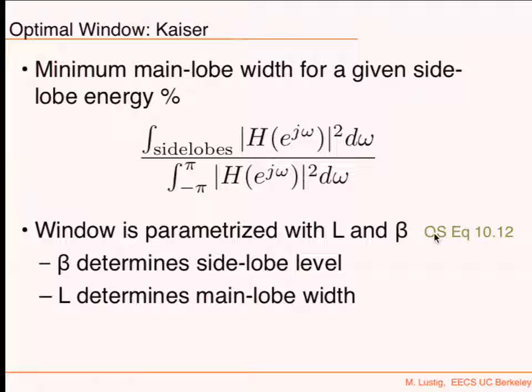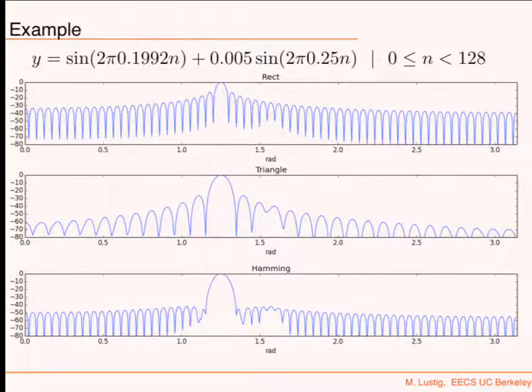So there's a trade-off there. You can look at the book to determine what beta and L are for a particular set of optimizing factors. And here's just an example. You can also download the IPython notebook that I used to generate those plots.